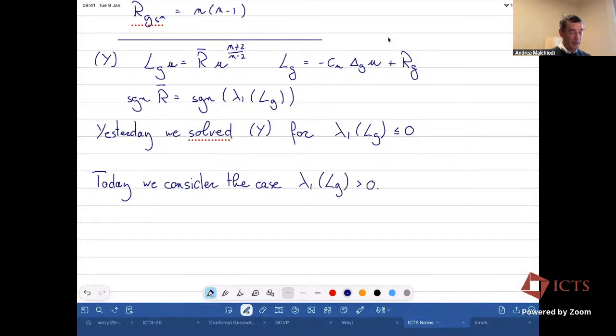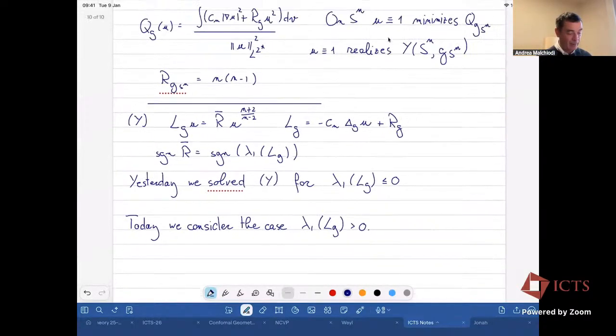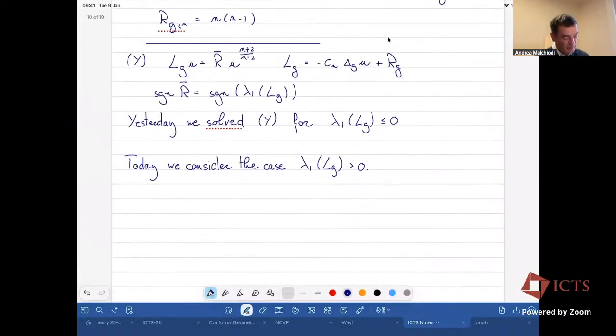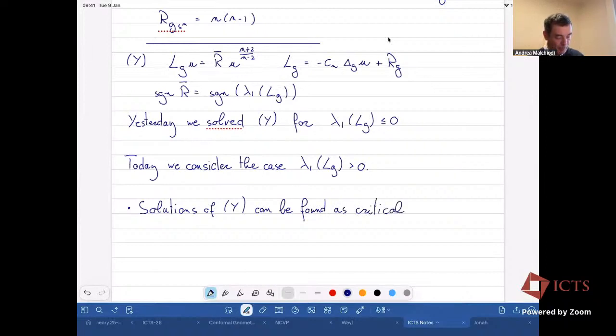Okay, and we saw that the solutions of the Yamabe problem can be found as critical points of Qg.